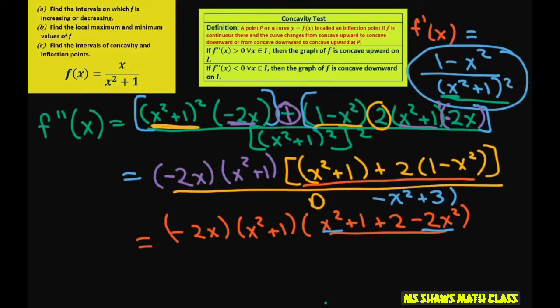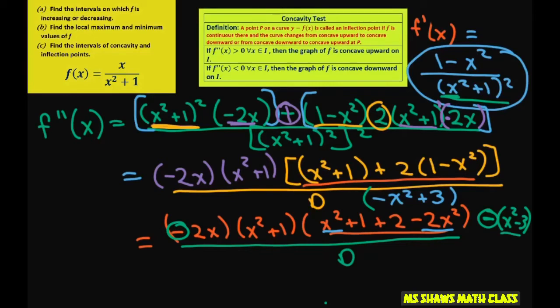Now, before I continue, I'm just going to put the denominator here. What I can do is pull out this negative and write this as x squared minus 3. That way I can take these two negatives and make this a positive. I'm going to do that on the other slide, so make sure you have this written down.